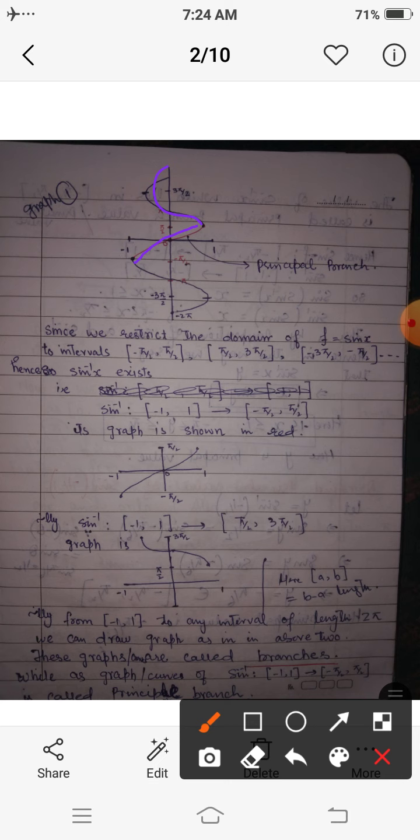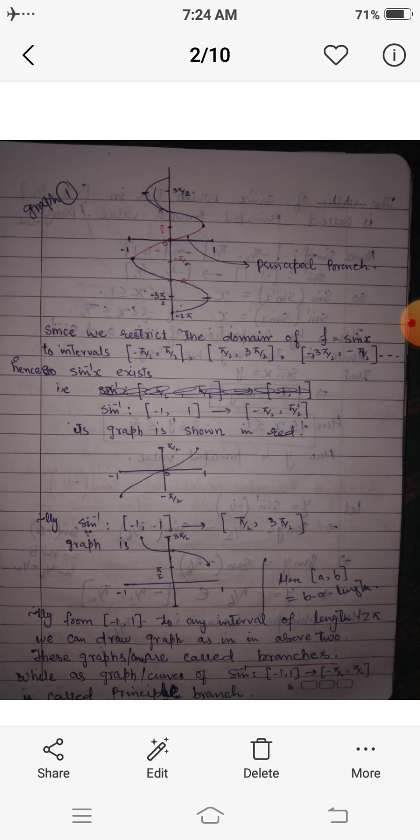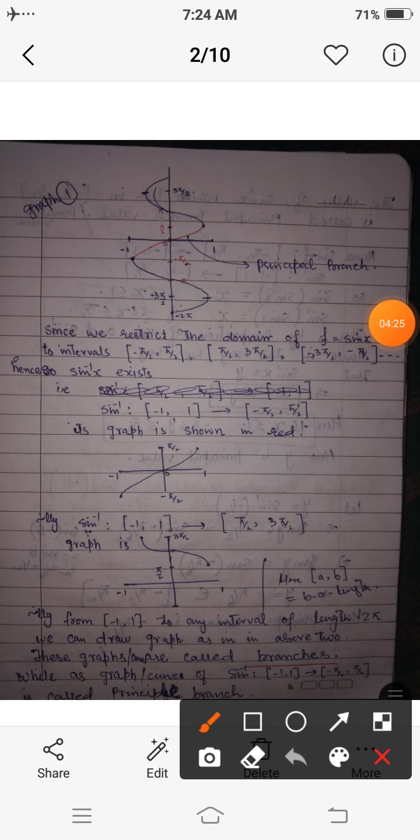The branch whose values lie in the interval minus pi by 2 to pi by 2, denoted by this red color, is called the principal branch, and the value which lies in minus pi by 2 to pi by 2 is called the principal value of the sine inverse function.